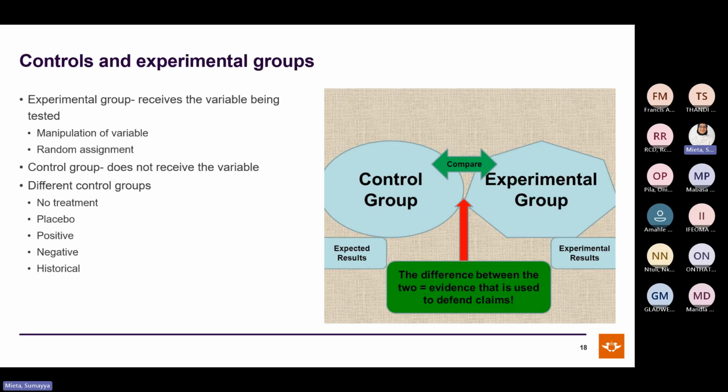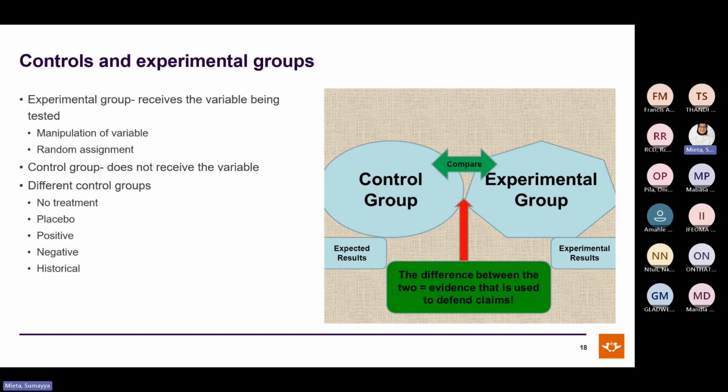We then have a positive control group where we say we know that we're going to add 5 moles of chlorine and it's going to kill all the bacteria in this sample, okay? So we expect to know that we're not going to find any bacteria growing.